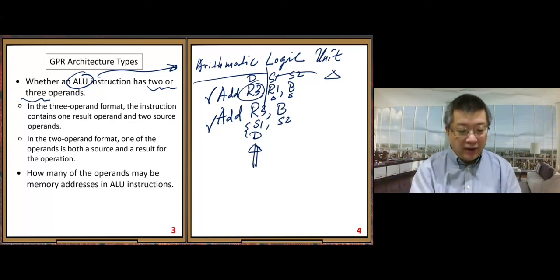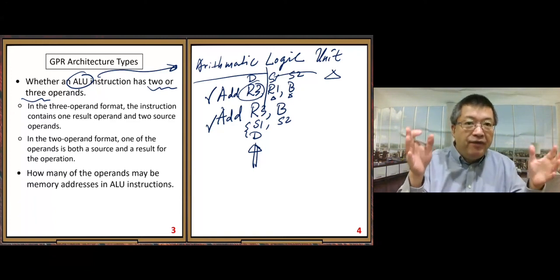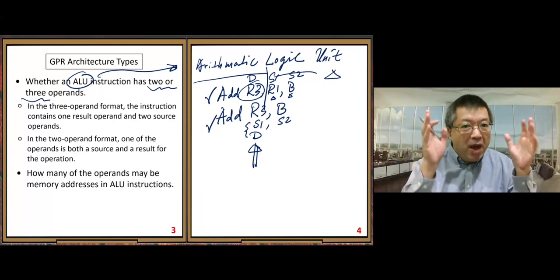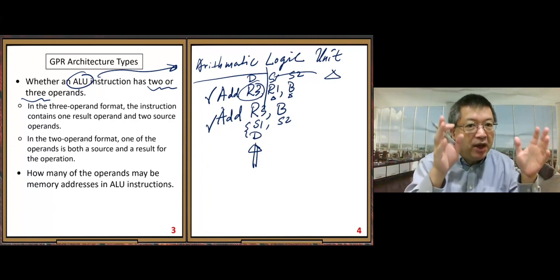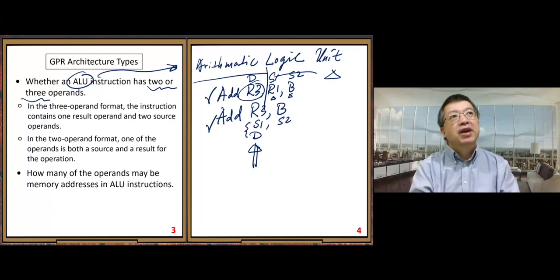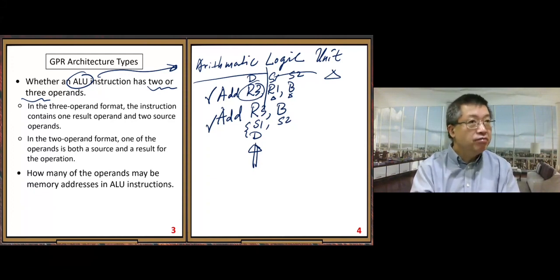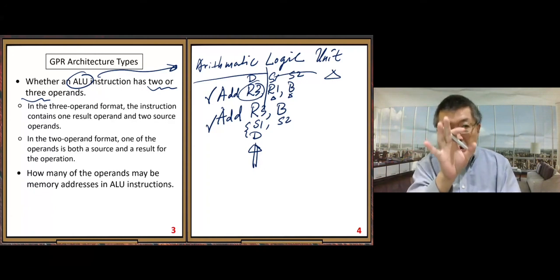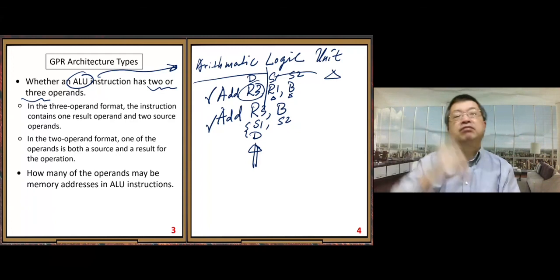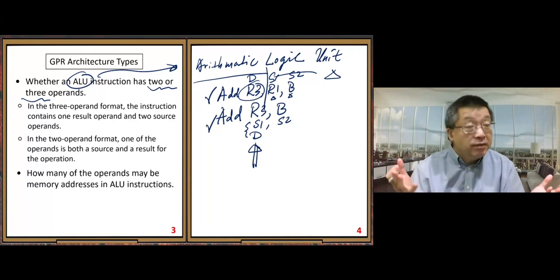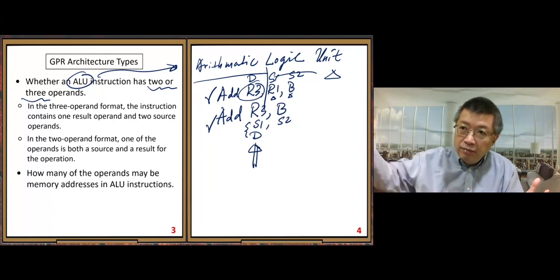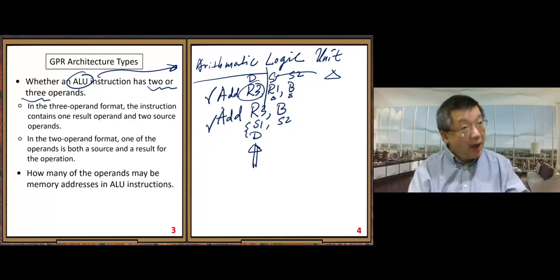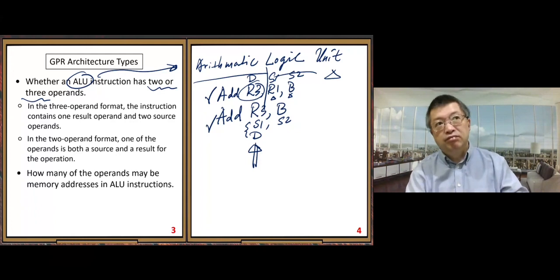Another aspect: how many of the operands may be memory addresses in ALU instructions. Based on different architectures, sometimes you need some operands coming from memory. How many? A certain number of operands coming from memory, and that number could also be different.